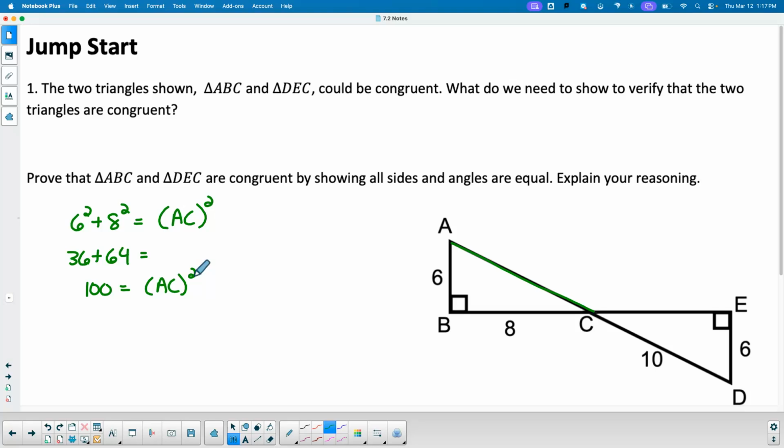How am I going to solve for the length of side AC? Square root. Okay, what's the square root of 100? 10. So this side length here we just showed was 10.